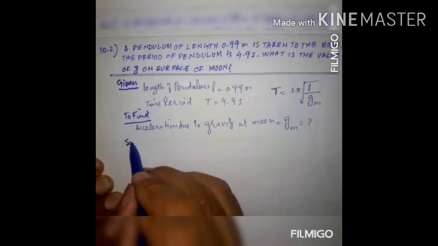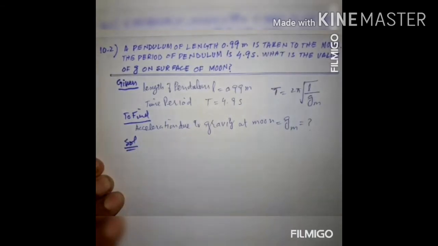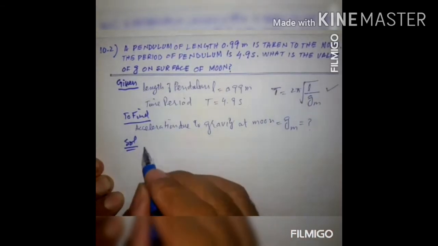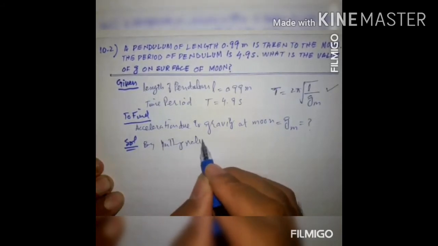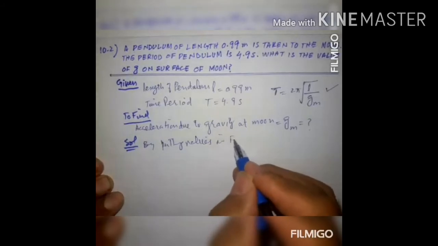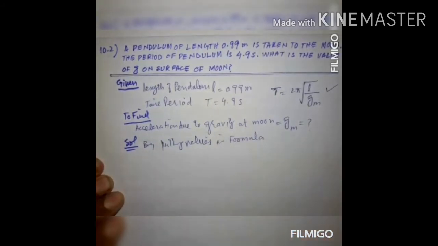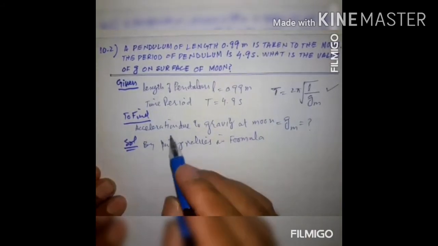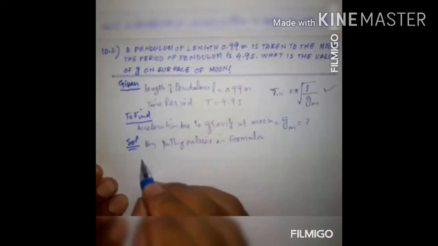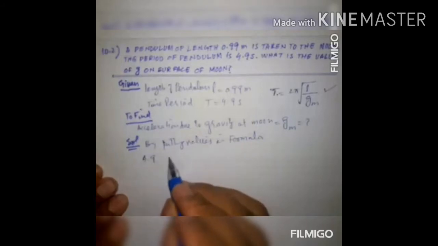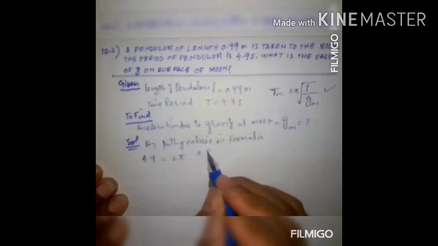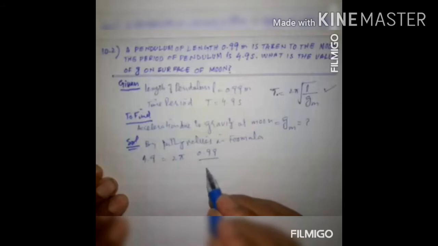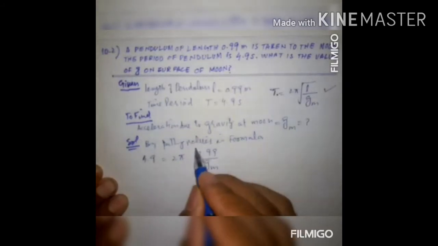For the solution, by putting values in the formula, T is equal to 4.9, which is equal to 2 pi square root of 0.99 divided by gravity at the moon.